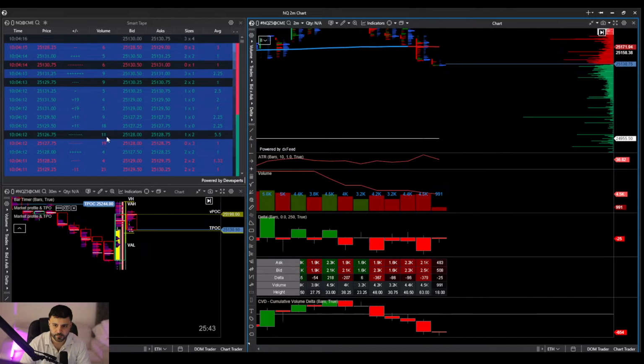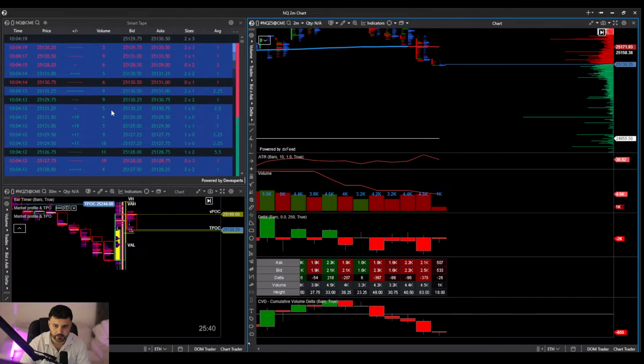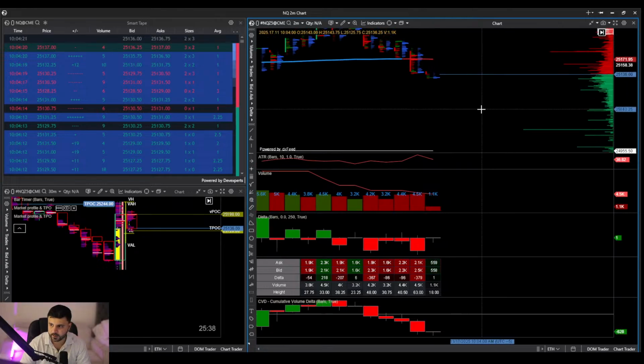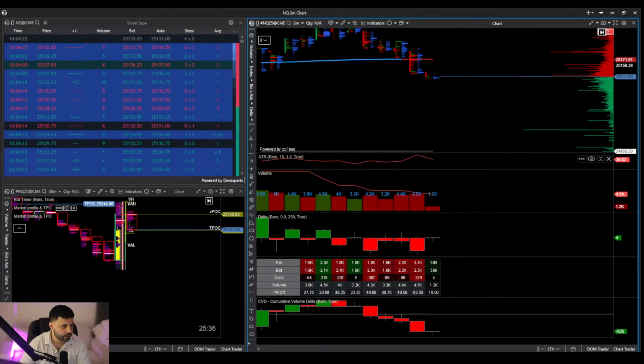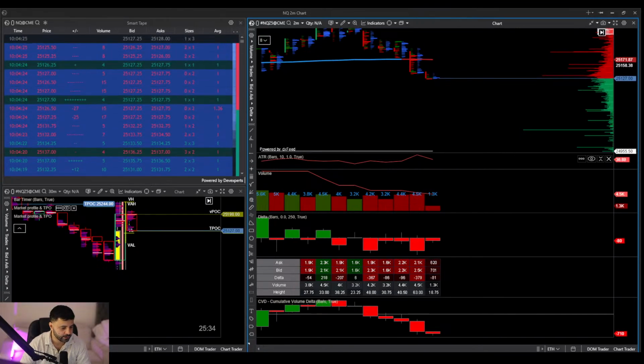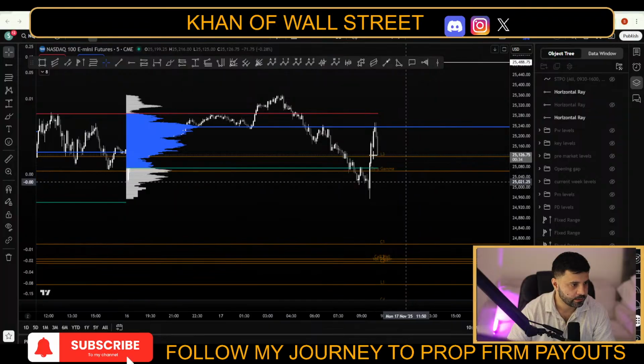Big buyers stepping in. You can see the green orders here. Buyers trying to step in here at this hedge level. You see? They're trying to step in right here.